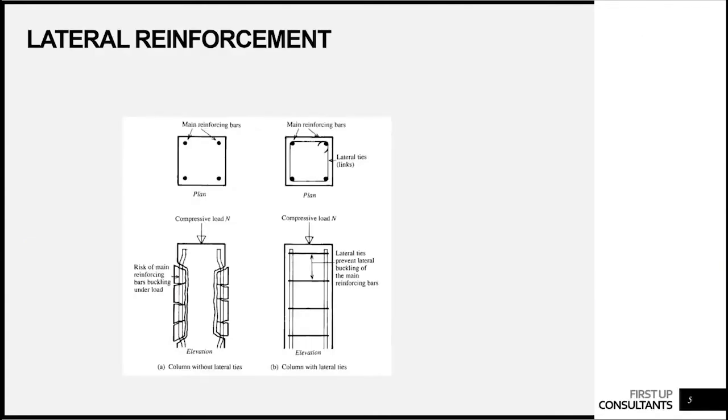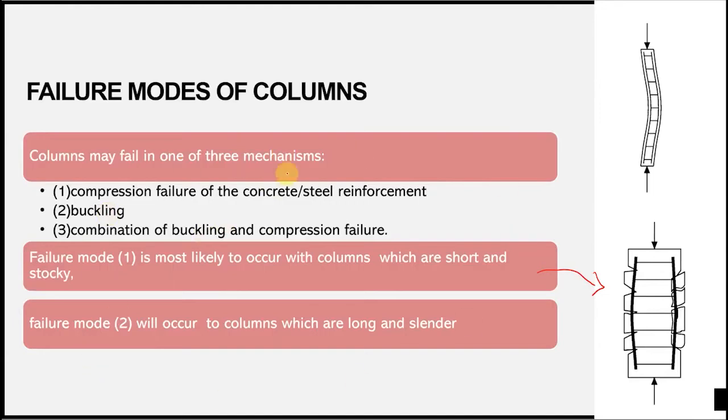Ataupun mungkin juga kalau you tak provide link ataupun kita panggil juga dia as tie. Maksudnya link ni kita panggil dia tie juga. Kita boleh juga panggil dia binder. Dia benda yang sama, tie atau link, binder. You tak provide binder yang sebetulnya lah. Itu akan menyebabkan failure yang macam ni.